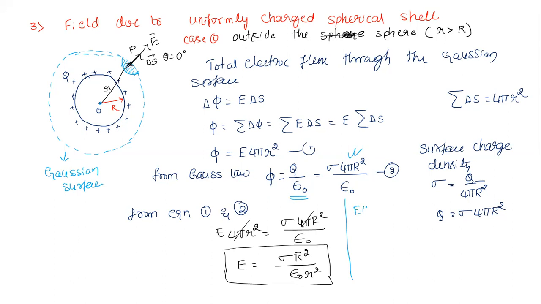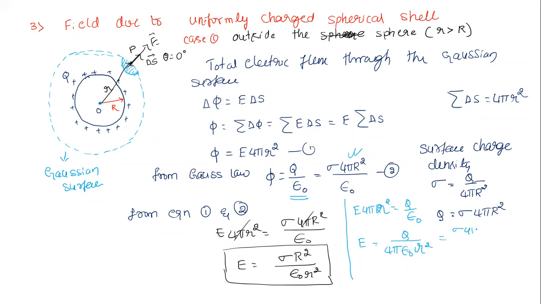Electric field E 4 pi r square equal to Q by epsilon naught. So E equal to Q divided by 4 pi epsilon naught r square. Of course, Q value is there here. You can insert here. Again, you get the same formula.